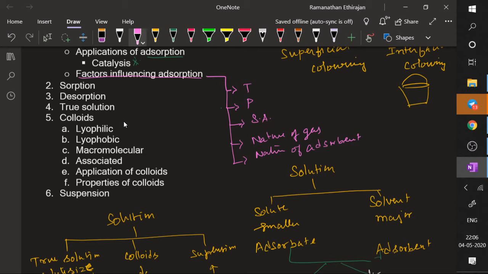Then true solution, which I already discussed. Then colloids. Lyo means fat, so lyophilic means oil loving or fat loving. Actually this is almost equal to hydrophobic: if it is oil loving, it will definitely be water hating, just the opposite.